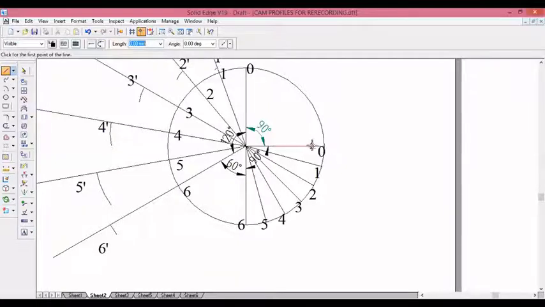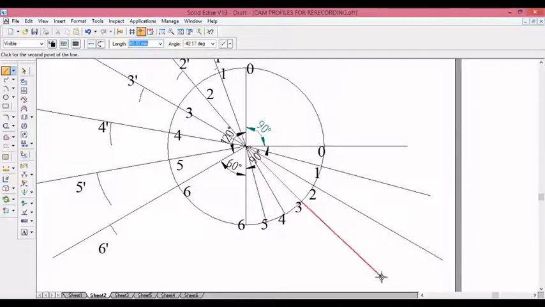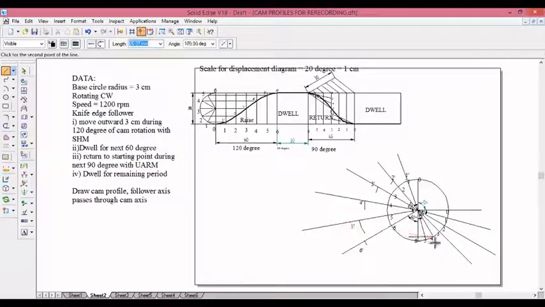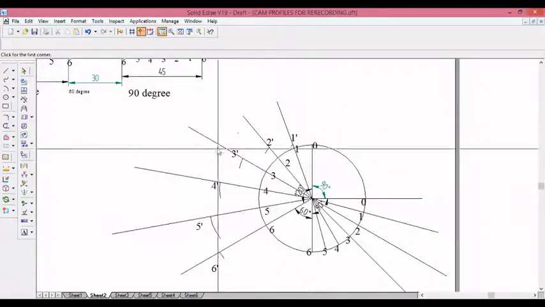Extend those radial lines. While drawing itself, you can extend those radial lines. While doing the division of the circle, you can produce those lines.